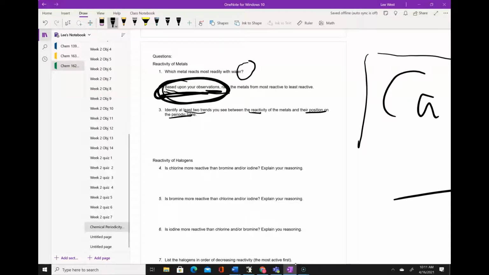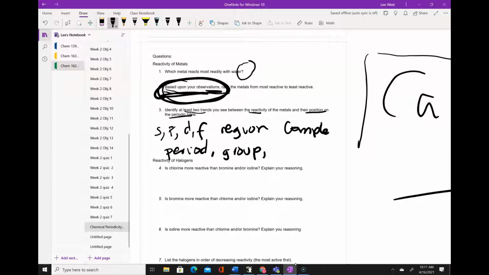So things you're going to put in here is like the region of the periodic table. So is it in the S, P, D, F region? The period, the group. Does it have a complete D shell? Complete versus incomplete shell?